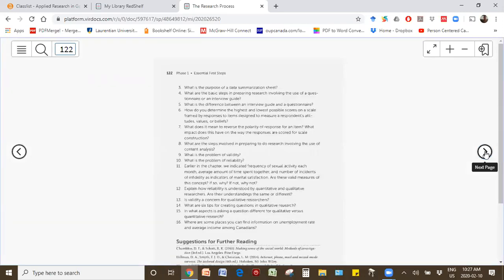Okay, great. What is the purpose of a data summarization sheet? So you have your data collection sheet and you have your data summarization sheet. What does your data summarization sheet do? It lists the quantities of your observation, in that if there were 3 pulling of hairs, if there were 5 punching, on your checklist, you would have them as they occur.